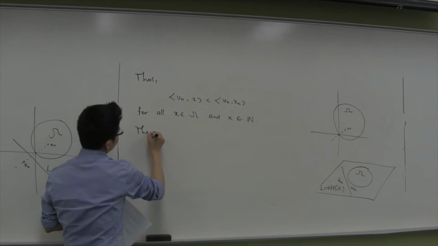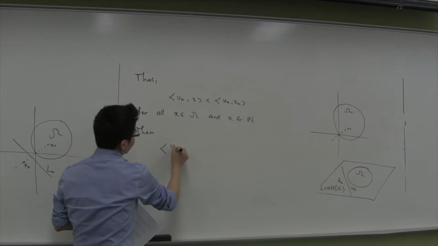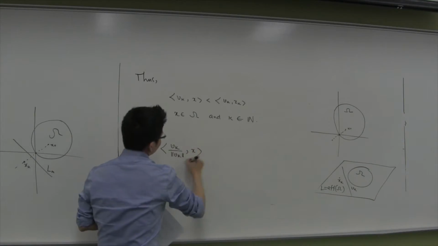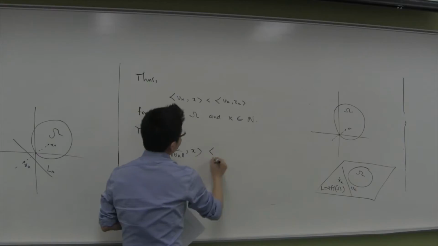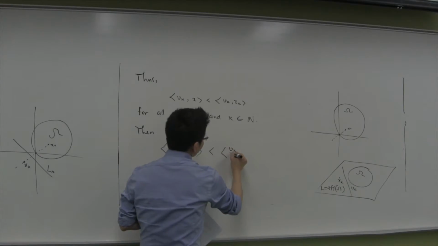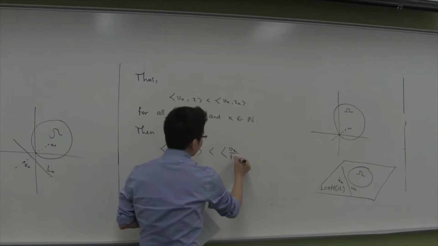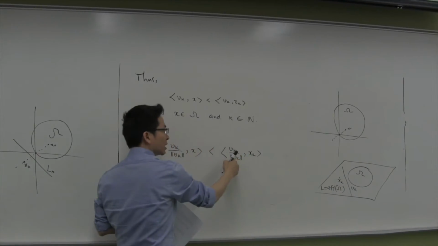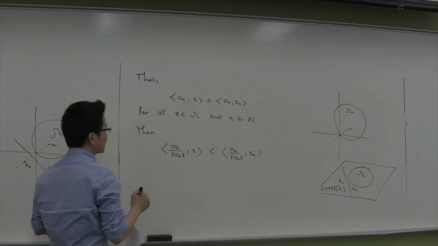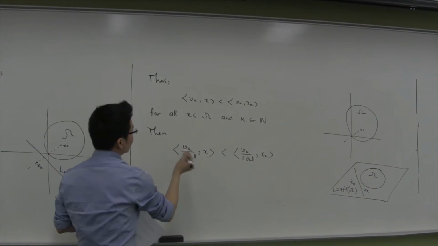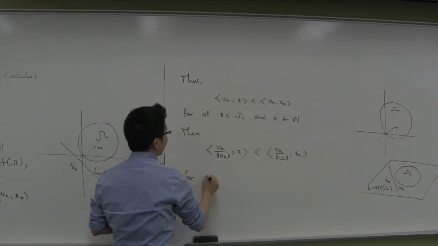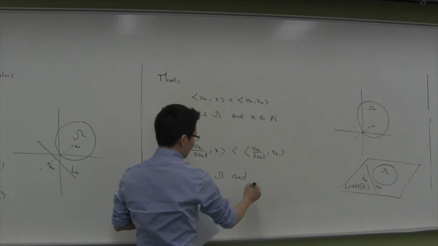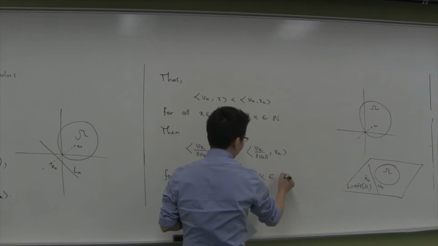Then the inner product of Vk over norm Vk and x is also strictly less than the inner product of Vk over norm Vk and xk. Okay, this is also true for all x in omega and k in n.